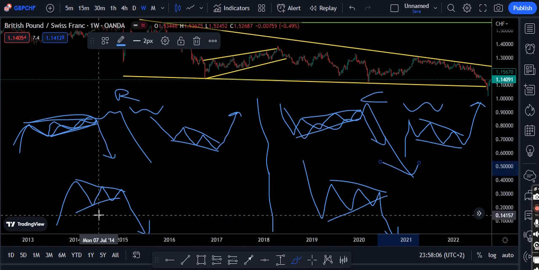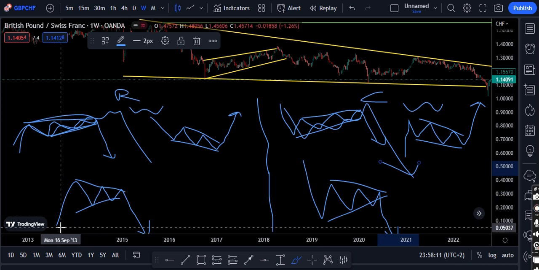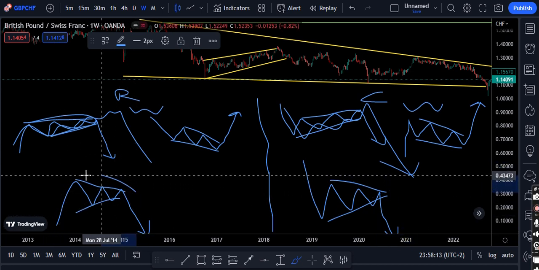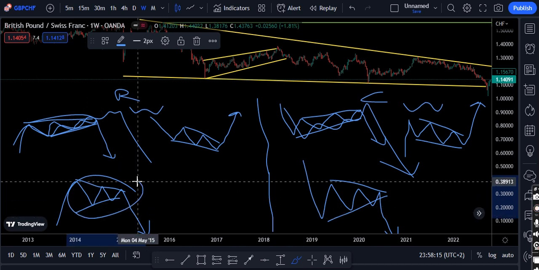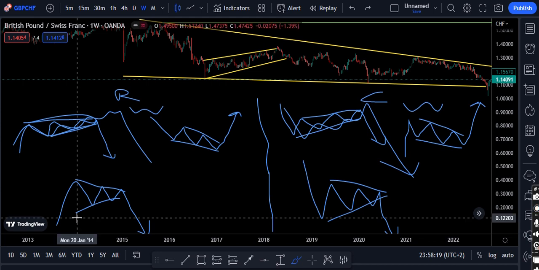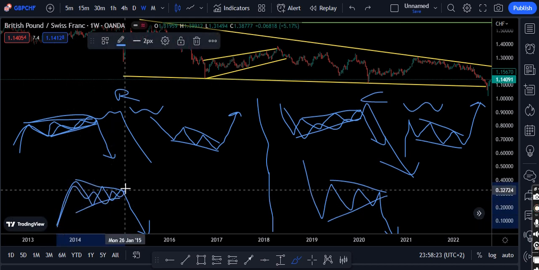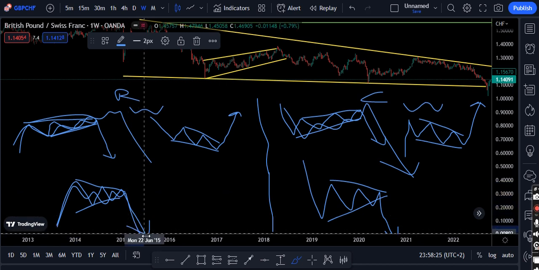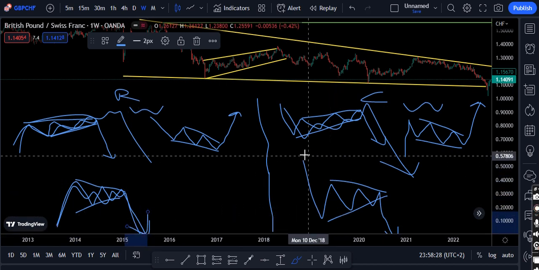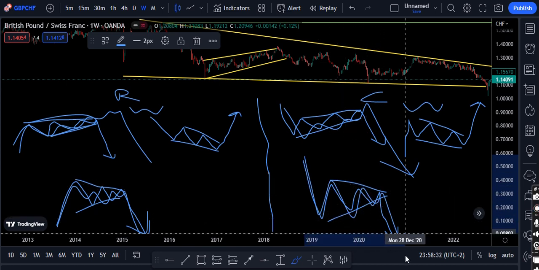Same as the symmetrical. Symmetrical can be a reversal when it is looking like this, or when it is found on the top of the impulse. Impulse, then follows symmetrical. It can be a reversal pattern. Impulse, then follows symmetrical. It can be a continuation pattern. All right.